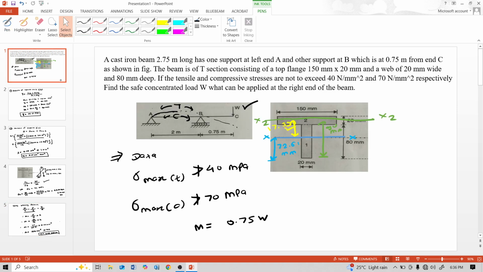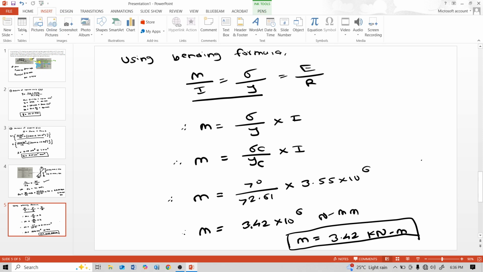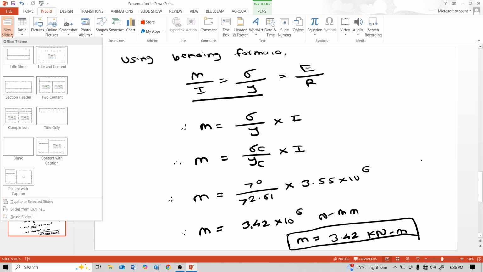The objective of this question is to calculate the safe concentrated load W, this load. For the calculation of this W load, equate the moment of resistance with the moment of this beam.